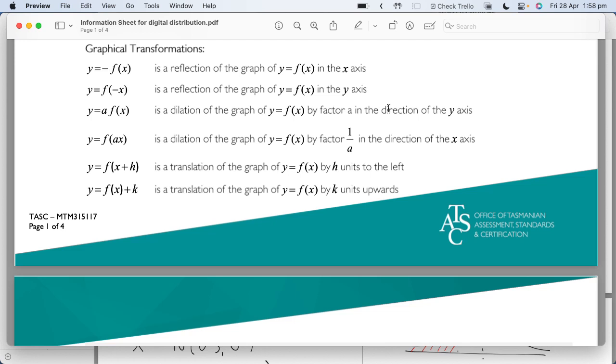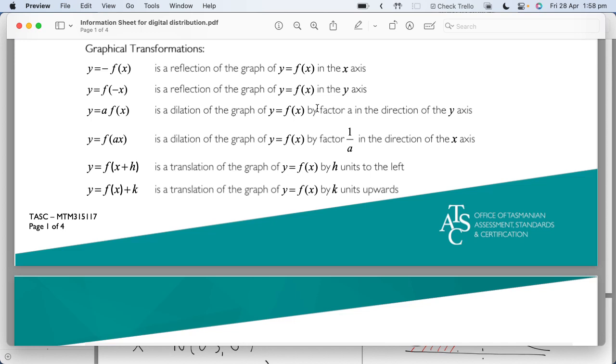But the direction of that stretch is parallel to the y-axis, or the direction of the compression is parallel to the y-axis. So that's why it says in the direction of the y-axis. The dilation stretches it away or compresses it towards the x-axis, but the actual shape of it is going parallel to the y-axis. Okay with that so far?